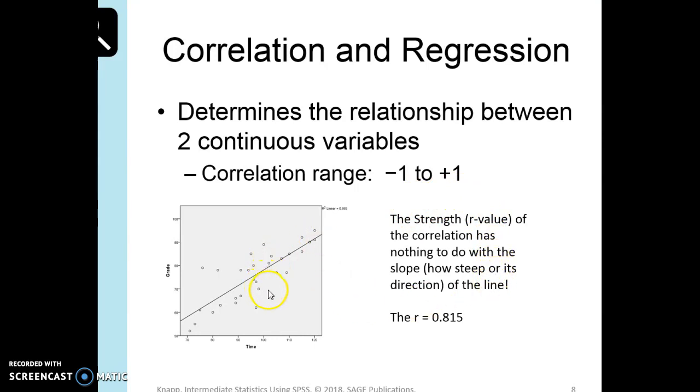How steep the graph is does not have anything to do with it, and what direction it's going in does not either. We always just take the absolute value of it and talk about the magnitude of the strength. This one has a strength of 0.8, on a scale we'll talk about in a moment.